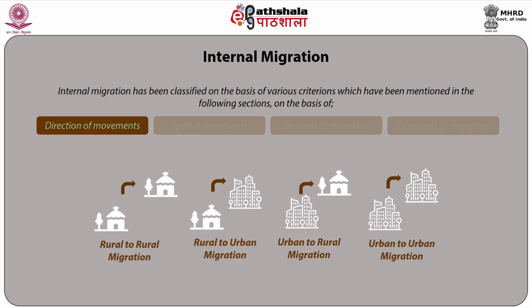On the basis of direction of movements, migration has been classified. Within internal migration, there is a four-way classification of migration according to their direction of movements within and between rural and urban areas. These are rural to rural migration, rural to urban migration, urban to rural migration, then urban to urban migration.